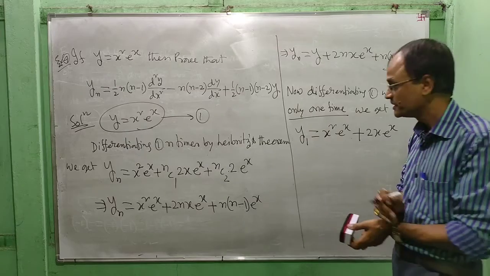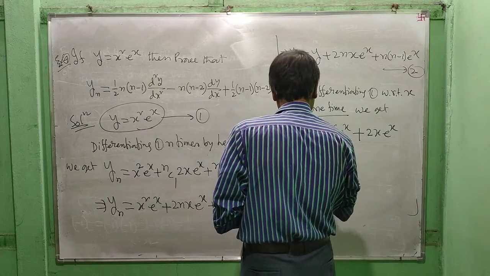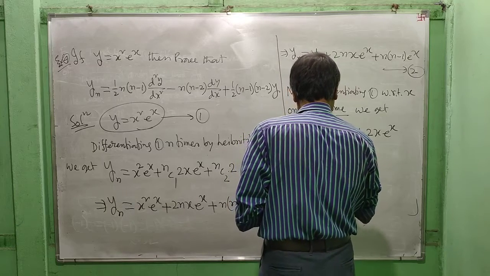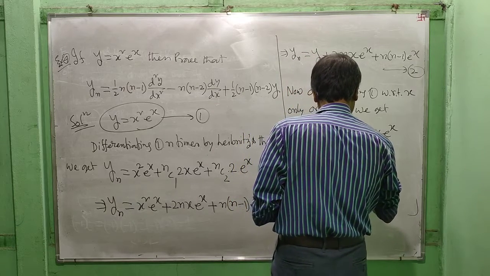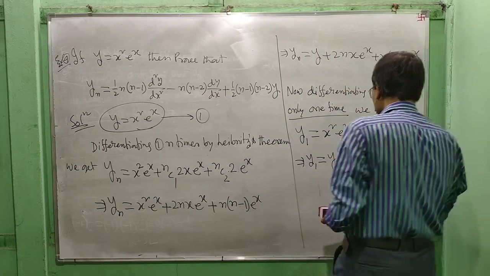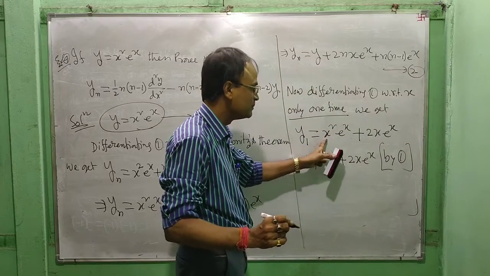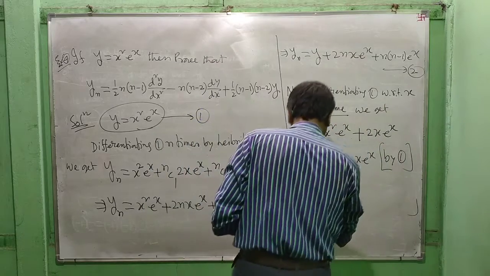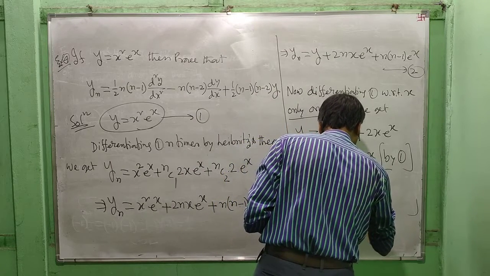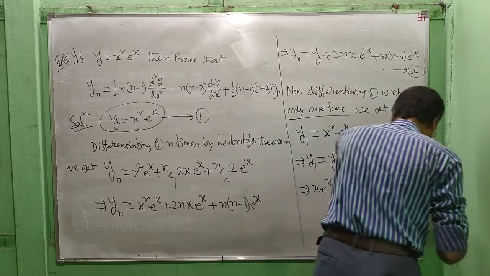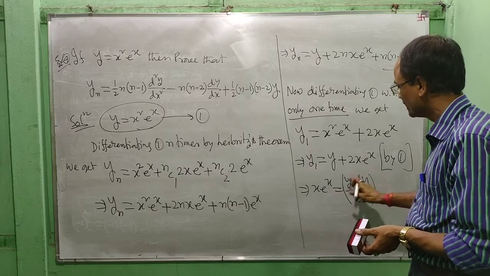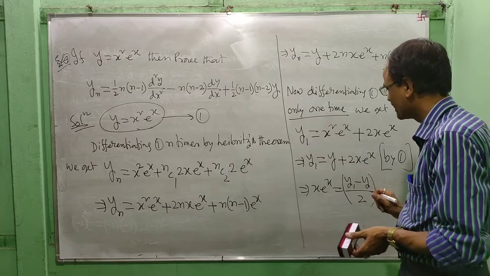Using 1, you may write y in place of x square e to the power x. So x e to the power x is equal to (y_1 minus y) divided by 2.